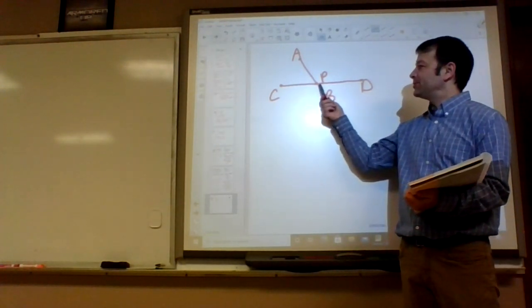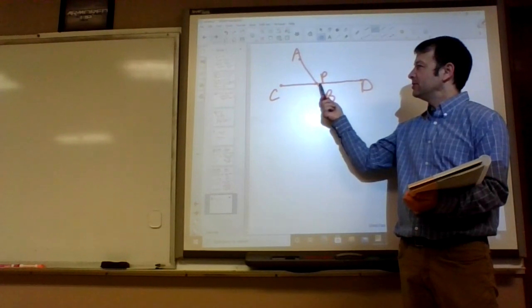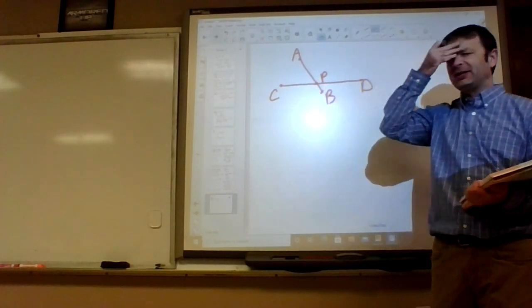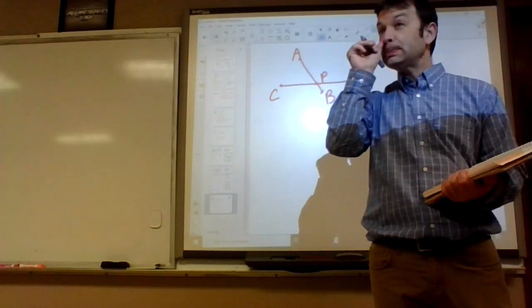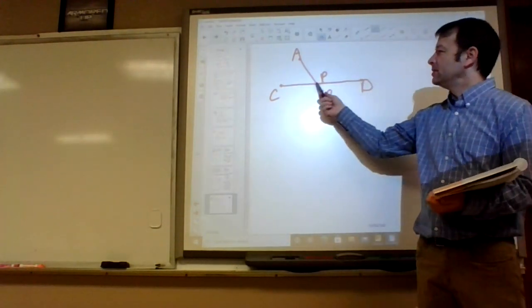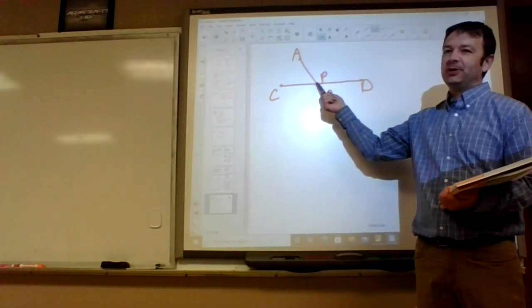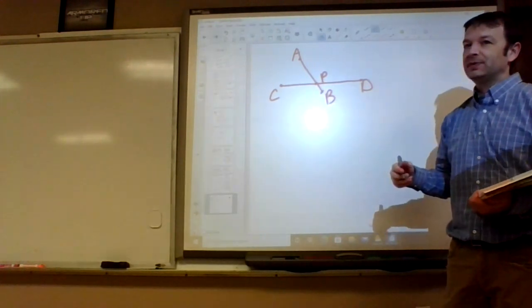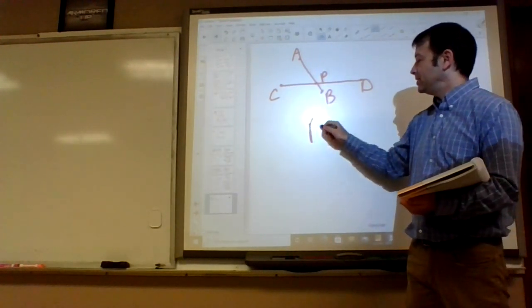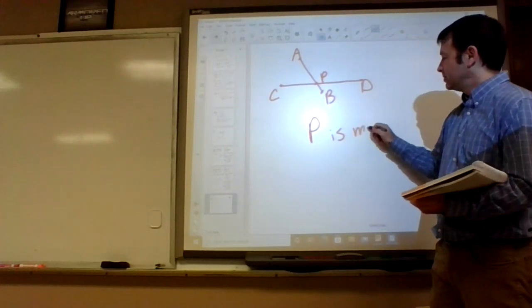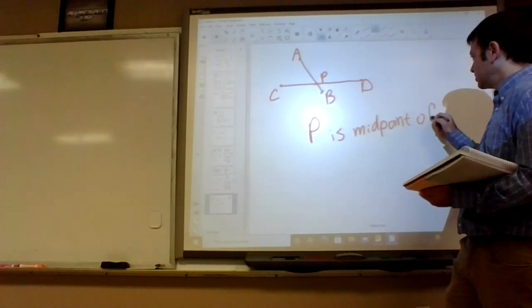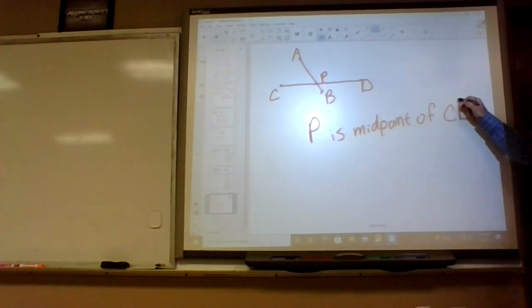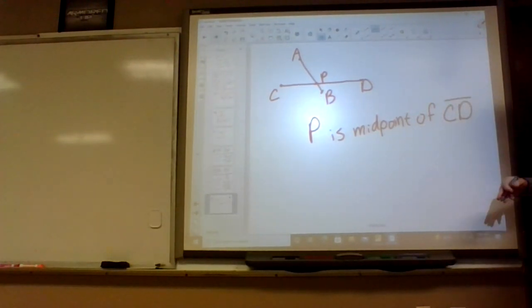If I know that's true, if AB is bisecting CD, then what do I know? P is the midpoint of CD. That's right. P has to be in the middle. So P is the midpoint of segment CD.